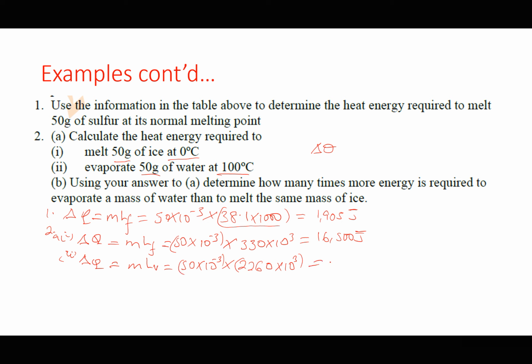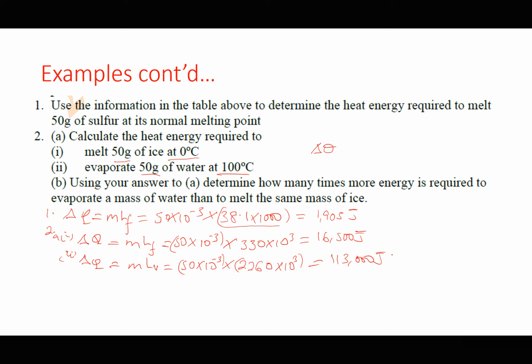And we now press our calculator: 50 exponent negative 3 multiplied by 2260 exponent 3. So this gives us 113,000 joules. So that is the amount of heat.